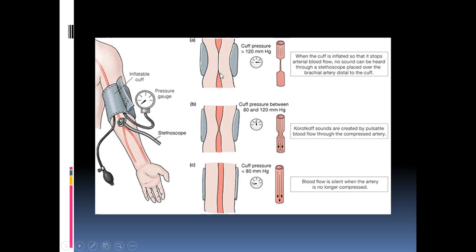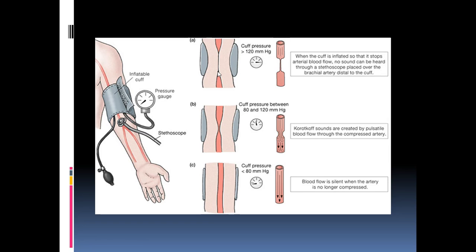You will know that the blood flow has been totally cut off when there is no more pulse sound heard through the stethoscope. So if you put a stethoscope just underneath the cuff, once it has been inflated, when you can no longer hear the sound of the pulse, it means that the blood flow has been totally cut off by the inflated cuff.